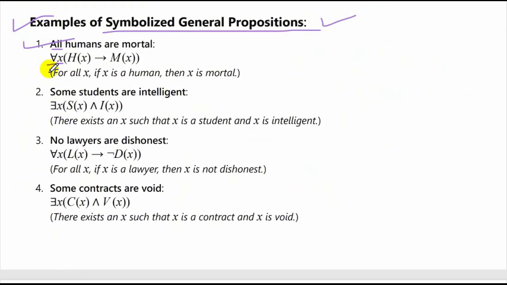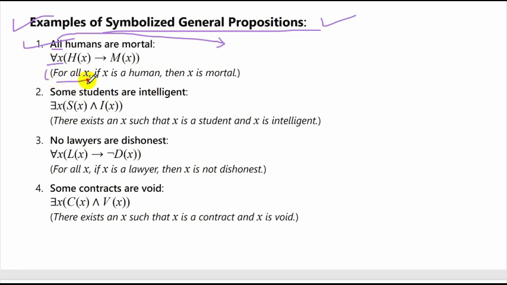So we represent it by the mirrored A image. They can also give some equivalent of all, which we will cover later, such as any, and so on. So all humans. Here we have to write it like this.